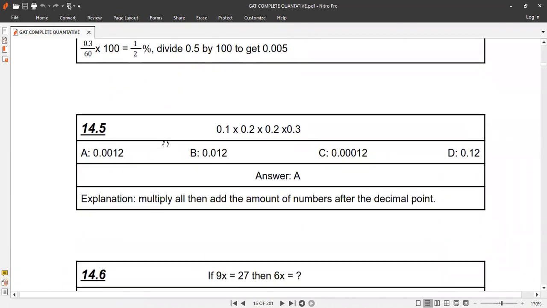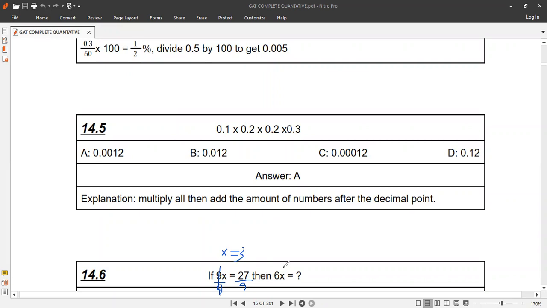This is an easy question. If 9x equals 27, then 6x equals what? So let's first find x. Here we divide both sides by 9. So x equals 3. 27 divided by 9 equals 3.